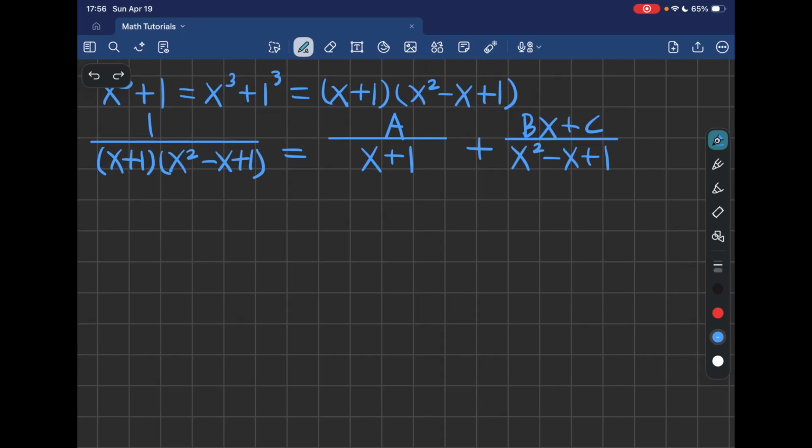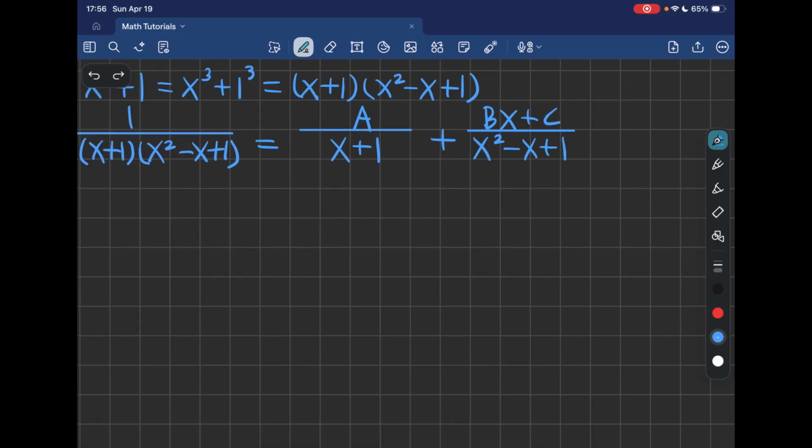So according to what I just said, we multiply the numerator and denominator by this, and for the second fraction, multiply the numerator and denominator by this, we can have something that will help us solve for a, b, and c.